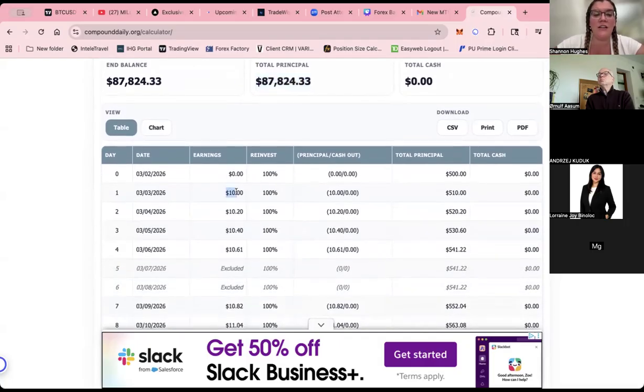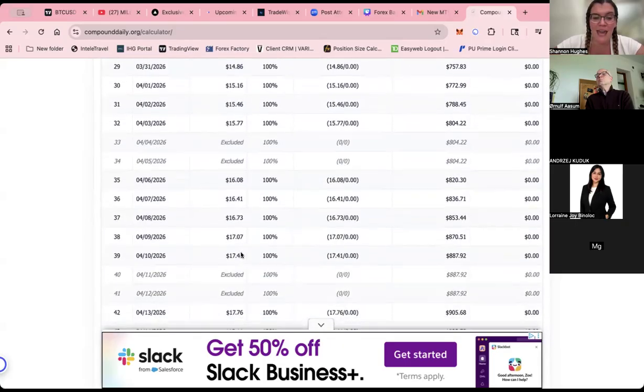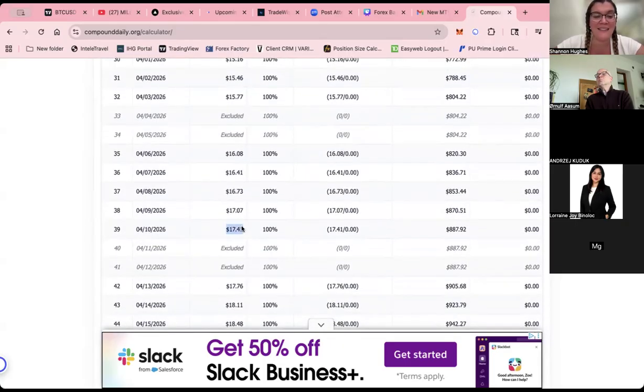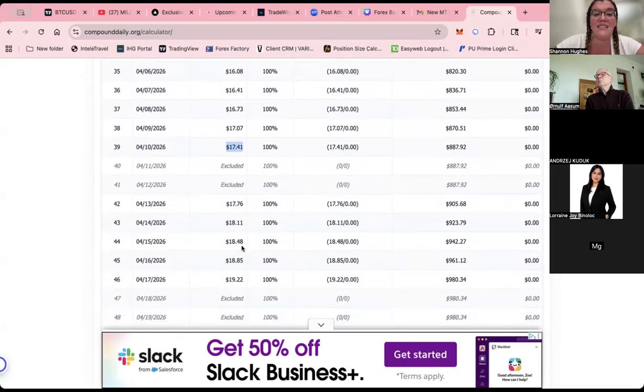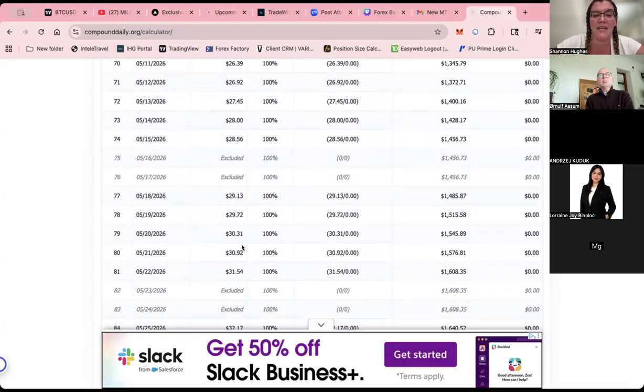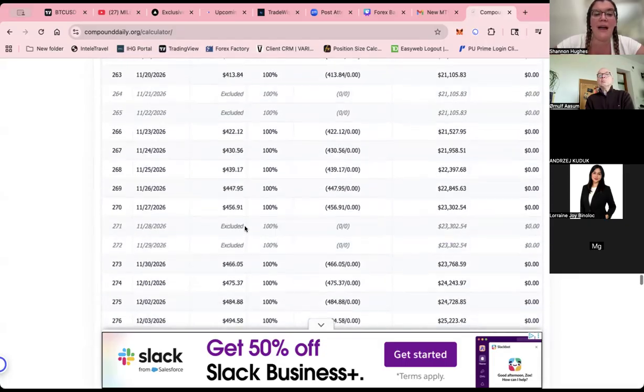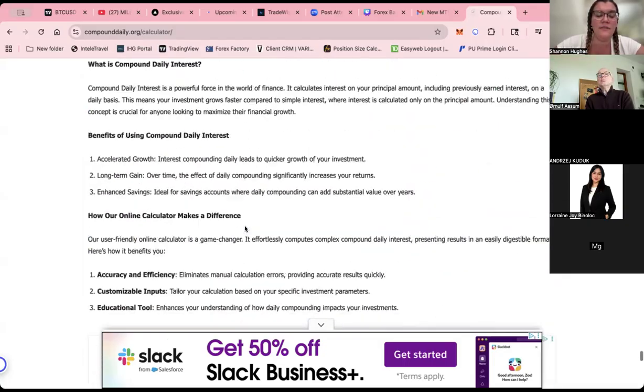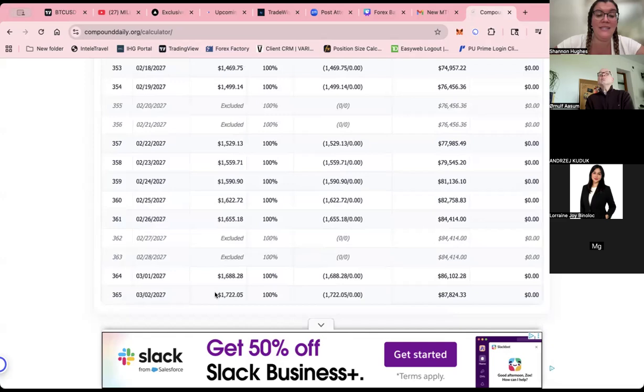So this $10 that you're not satisfied with on day one, okay, even on day 39, that $17 that you're like, oh, it's only $17, but this continues to compound and continues to compound. By the end of the year, I could be potentially starting to make $1,700 a day, $1,600 a day.